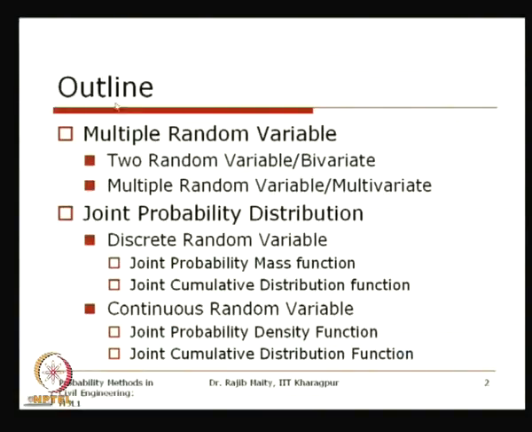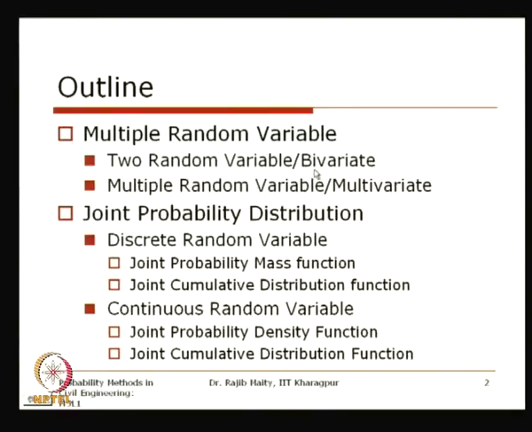The outline of today's lecture is that first we will discuss multiple random variables. As I have told you, if there are two random variables, which is very common, and in many cases we generally deal with two random variables, we specially know these as a bivariate random variable.